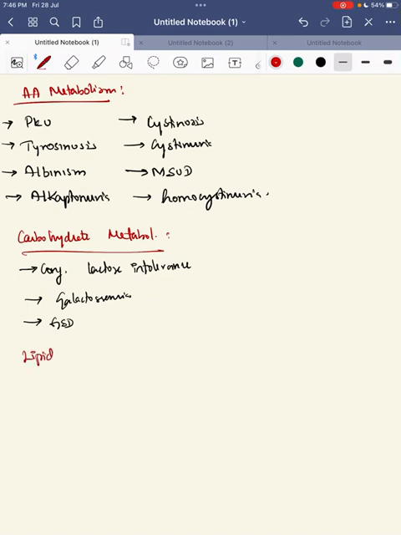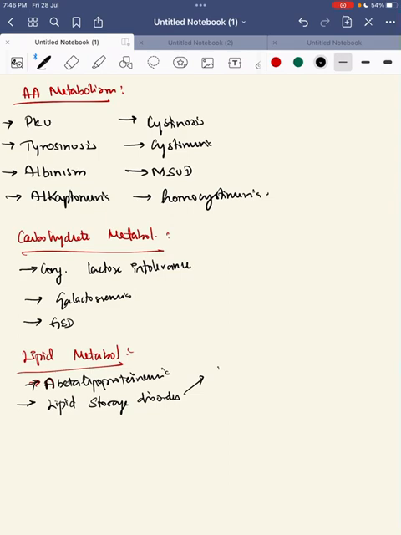Third, in lipid metabolism, we have abetalipoproteinemia and lipid storage disorders, for example Gaucher's disease, Niemann-Pick disease, and Tay-Sachs disease.